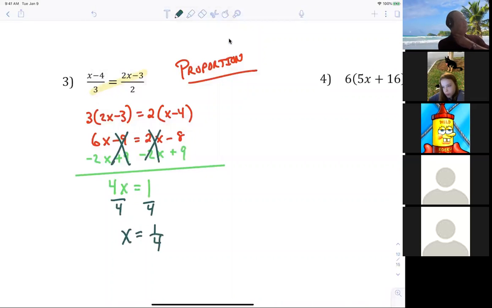Please speak up. Anybody have any issues with proportions? Cross multiply. And then your goal is always to try to get the variables on one side and the numbers on the other.